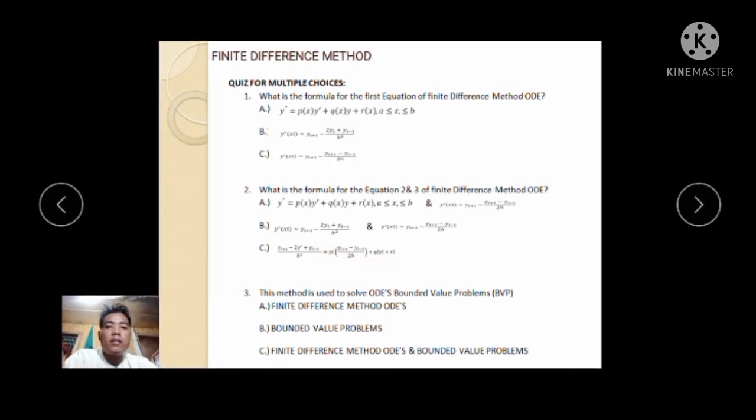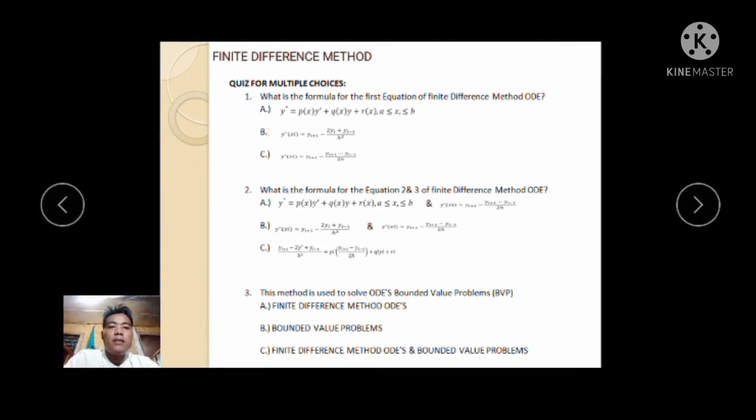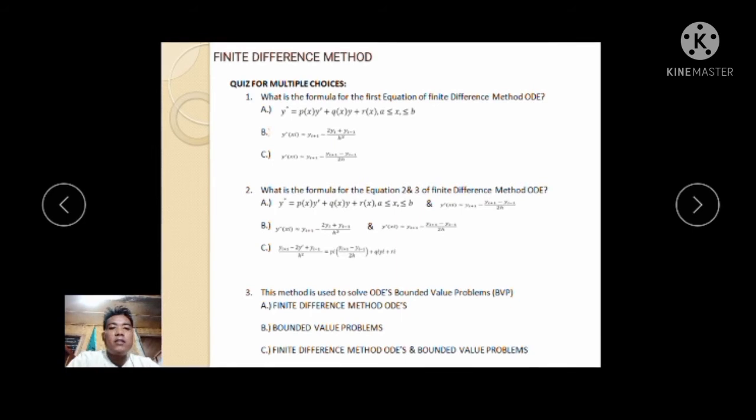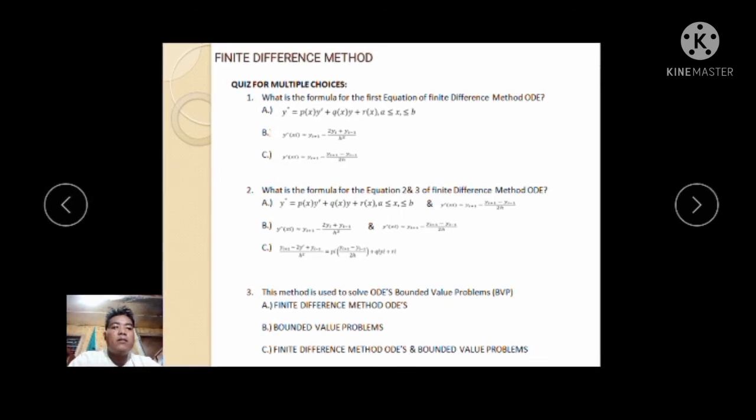For multiple choice number 3: this method is used to solve ODE boundary value problems, BVP. The choices are: A, finite difference methods, ODE; B, boundary value problems; letter C, finite difference method, ODEs, and boundary value problems.